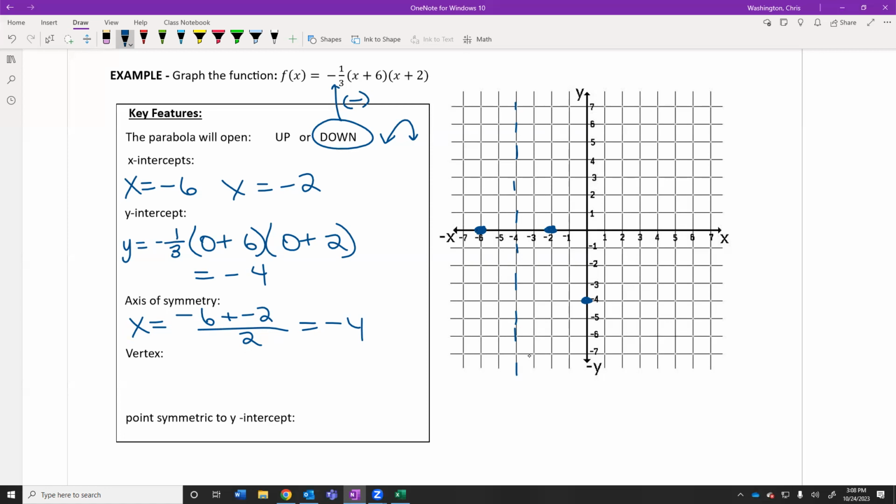To find the y value of the vertex, we already know the x value. To find the y value, negative 1/3 times negative 4 plus 6 times negative 4 plus 2. We're going to do the same thing we did for the y-intercept, but instead of 0, we're going to put a negative 4 there.